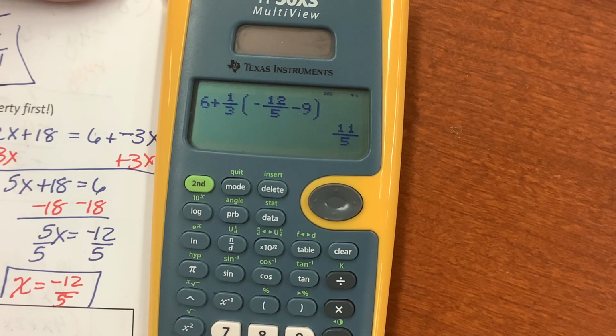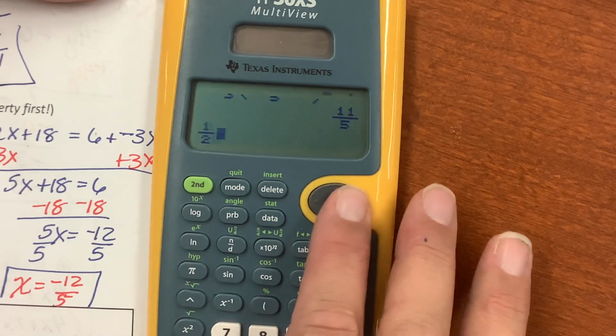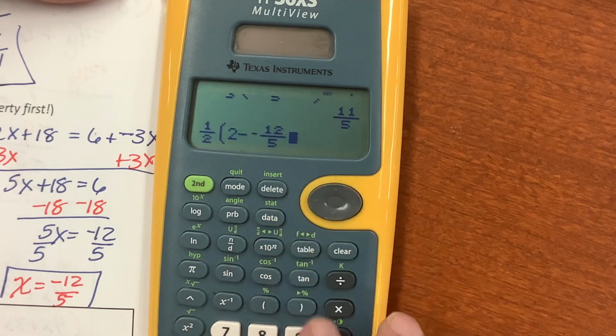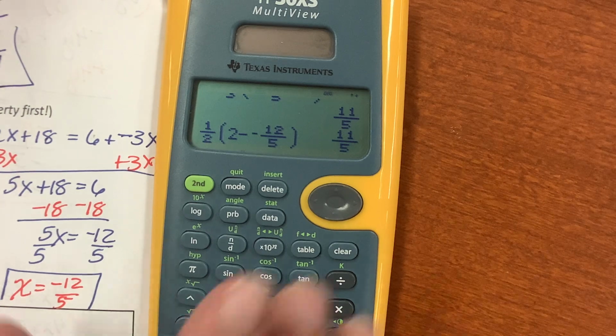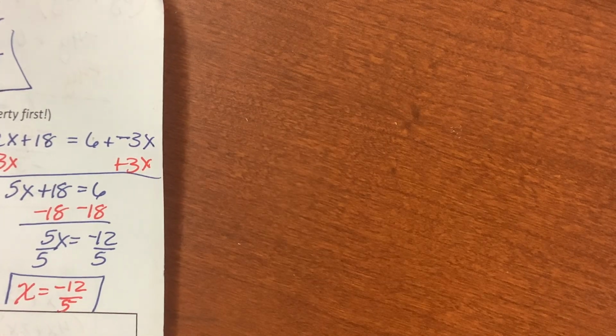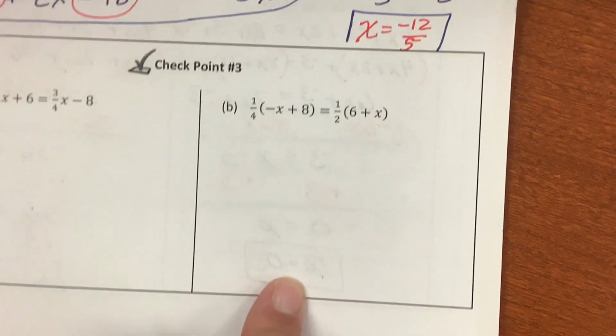Now, 1/2 times 2 minus negative 12 over 5 equals 11 over 5. Well, I did it correctly. There was a lot going on there, though. All right, you guys do these two problems on the bottom and get back to me. I'll wait.